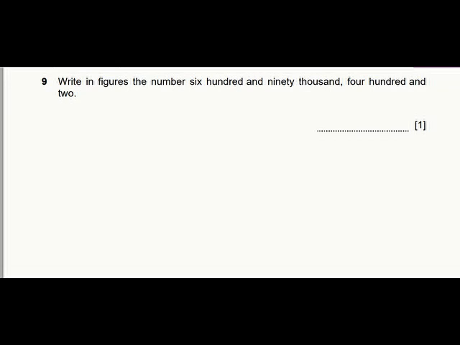So I want to write with the number symbols the amount they are giving me. So what number is this? 690,000. Yeah, 690,000. 402.